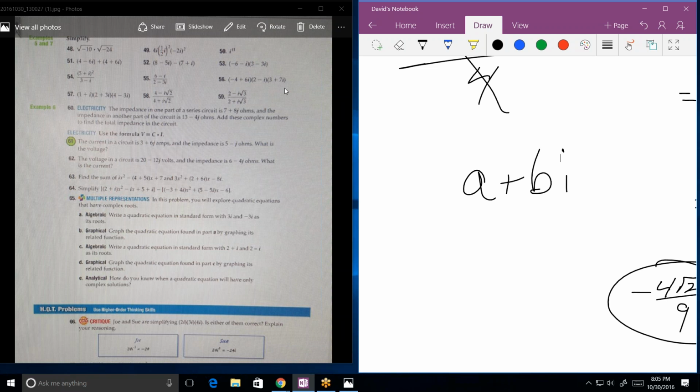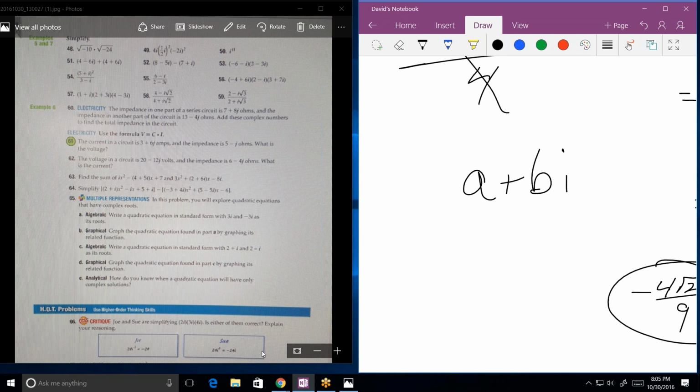Got it. And you would want to make that conversion if you came across an i cubed. You'd want to turn it into minus i, because then it could be combined with other i's that you might have. In number 56, we're going to have a lot of i's also. So whatever i cubes we end up with, convert them to minus i's and then combine those i's with the other i's you have.